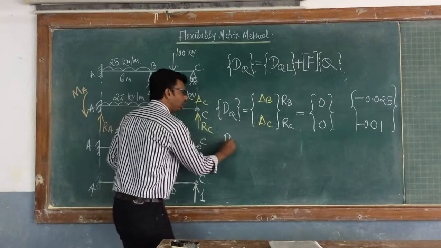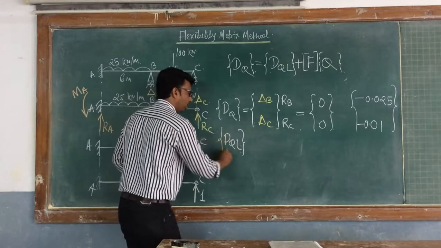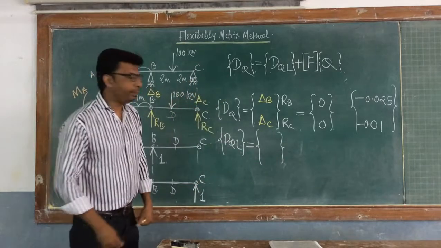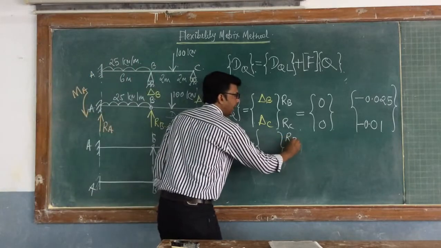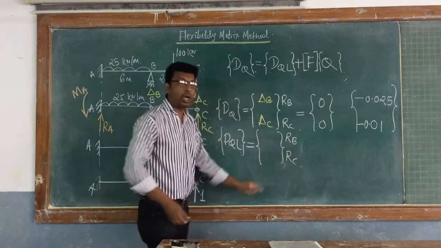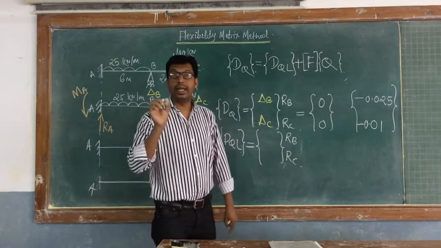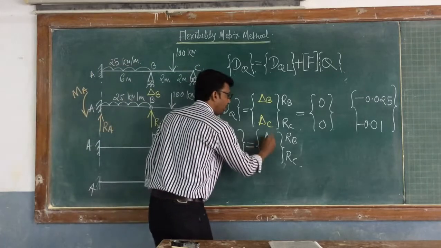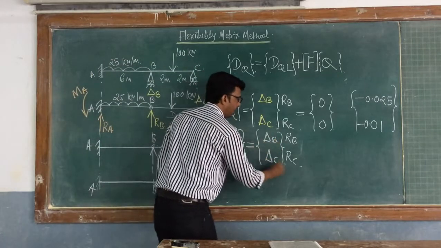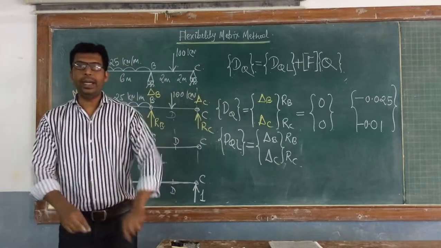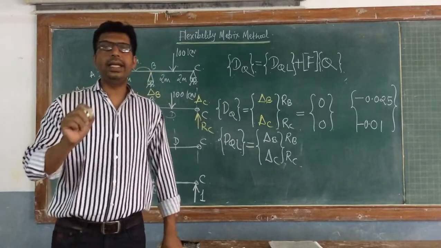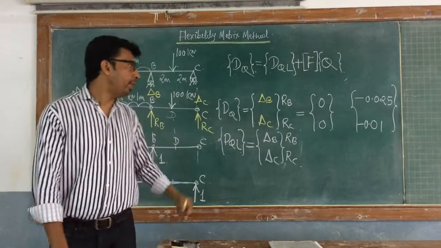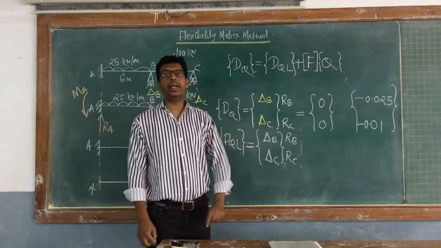Now dql is equal to displacements corresponding to unknown reactions in the release structure. In this release structure, we have to calculate delta B and delta C. Of course, there is a calculation for determining delta B and delta C in the release structure.